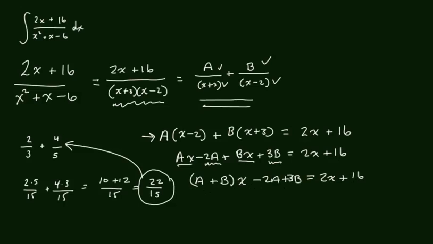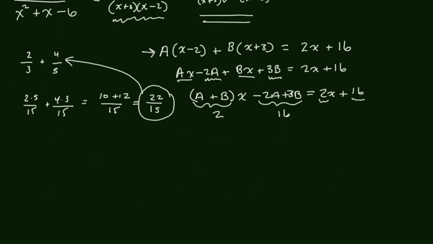So what this tells me is that a plus b will have to equal 2 because it's the coefficient of x, and everything else has to equal 16. Skipping down, that tells us a plus b equals 2 and negative 2a plus 3b equals 16.